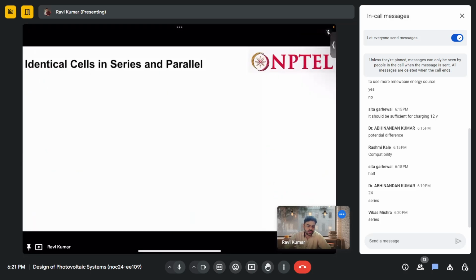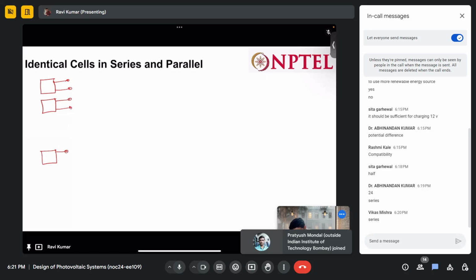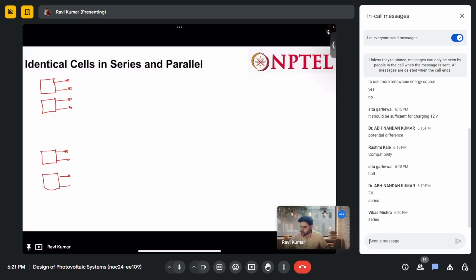Okay. So regarding the series and parallel connections, the first question comes. If we have two solar cells, let's say 1, 2, and 1, 2. These are the two solar cells, 2 and 2, 4 solar cells.